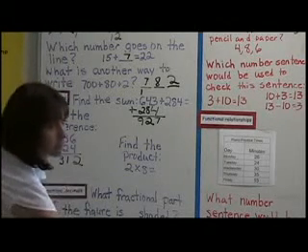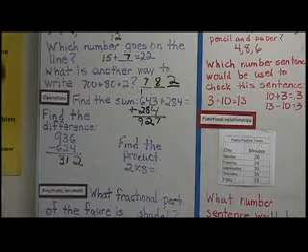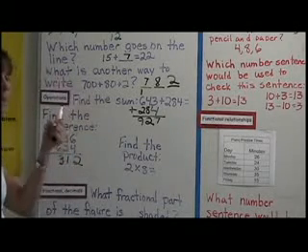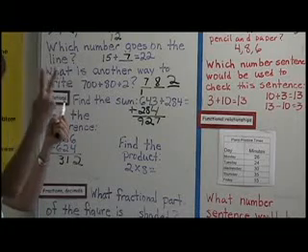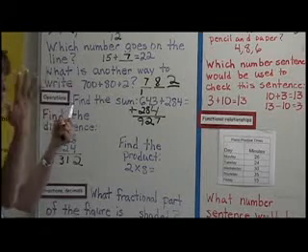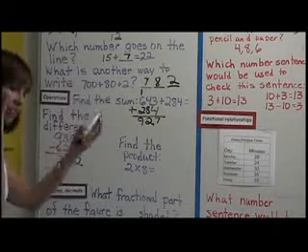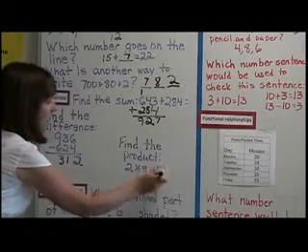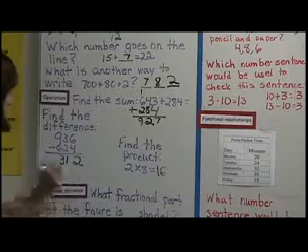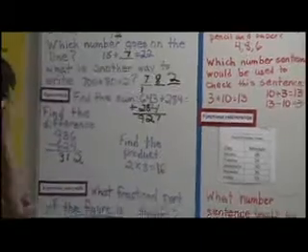By 2s. I think that's a good choice. So, hands up. We're going to count by 2s how many times? 8. Ready? 2, 4, 6, 8, 10, 12, 14, 16. So 2 times 8 is what, class? 16. Great.